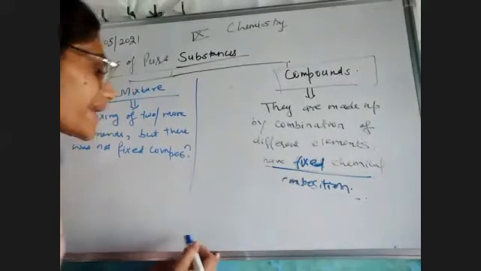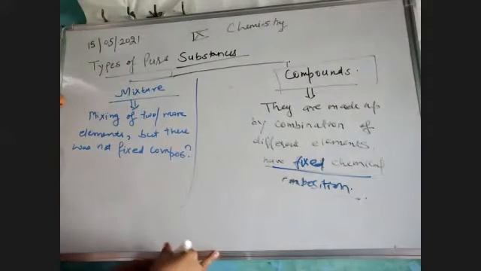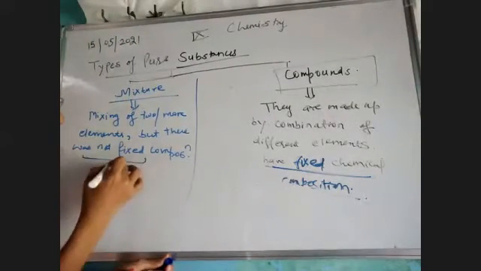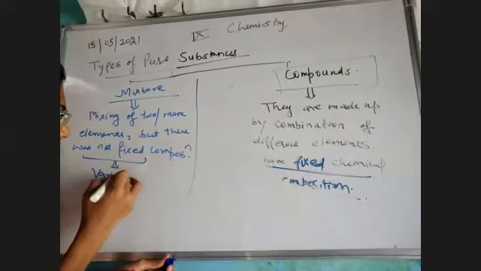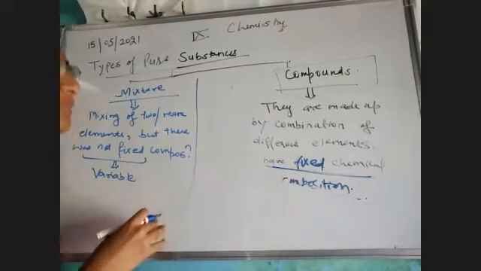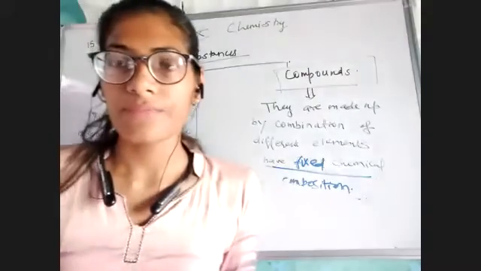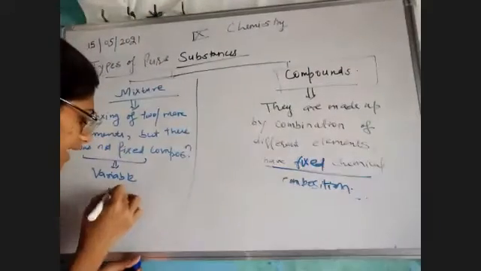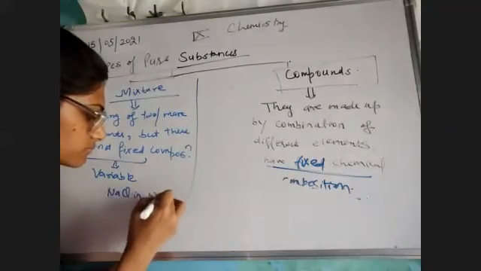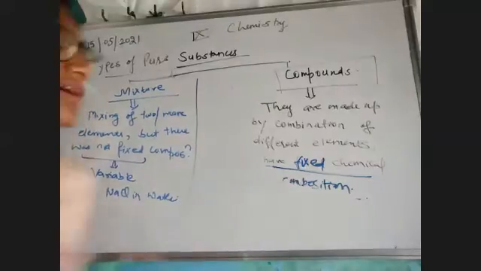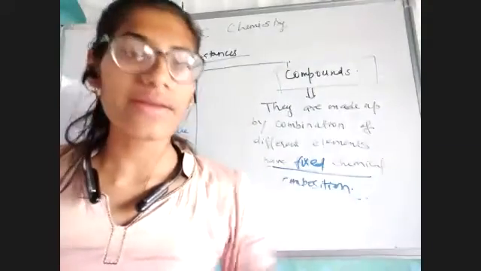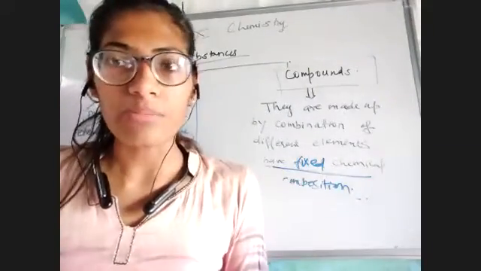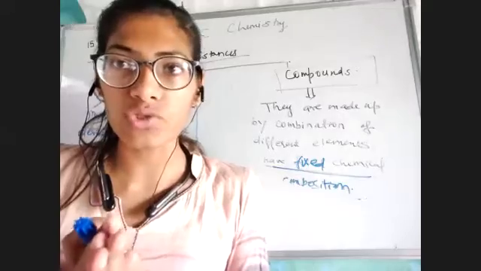So I can say mixtures do not have a fixed composition. That means they have a variable composition, that means their chemical composition always keeps changing. For example, sodium chloride in water. Whenever I dissolve sodium chloride in water, this is known as a mixture, and we don't have any fixed chemical composition here.